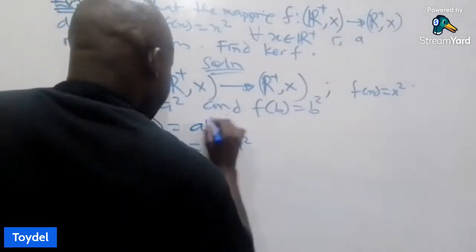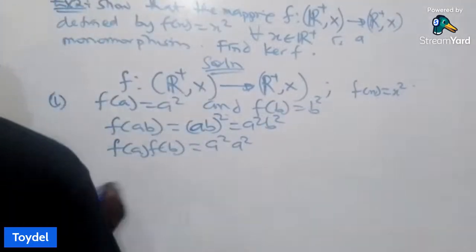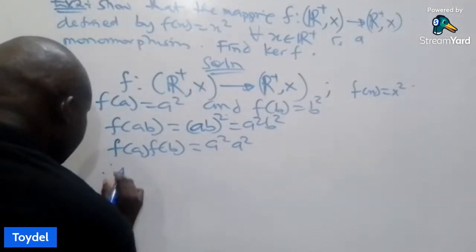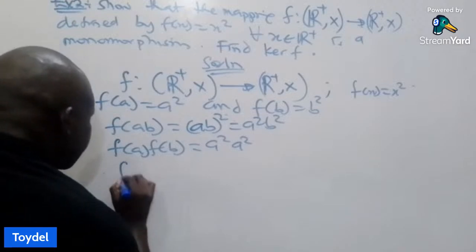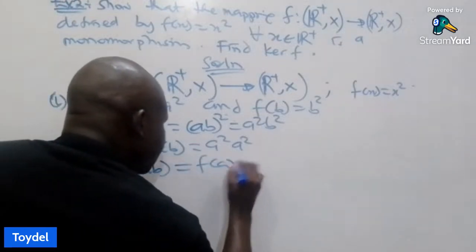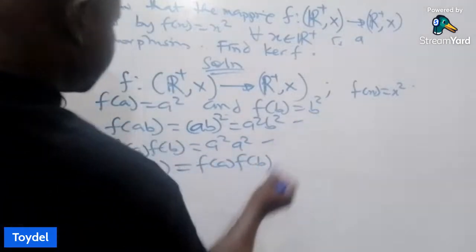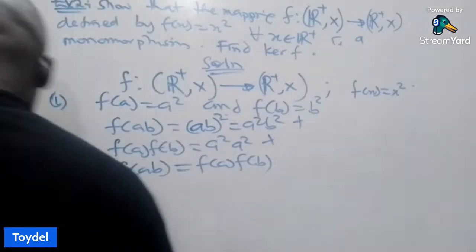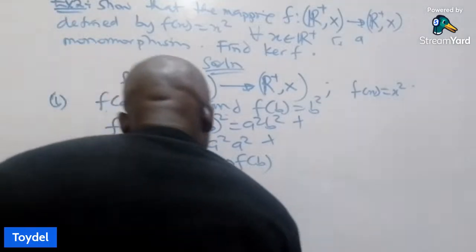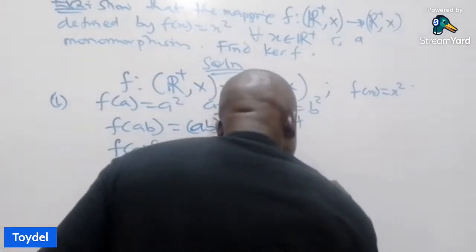F of ab all squared is the same thing as a squared b squared. So are they the same thing? Yes. Then you say f of ab is the same thing as f of a times f of b. We have shown that on the board. We just say therefore f is a homomorphism. So that's the condition for homomorphism.